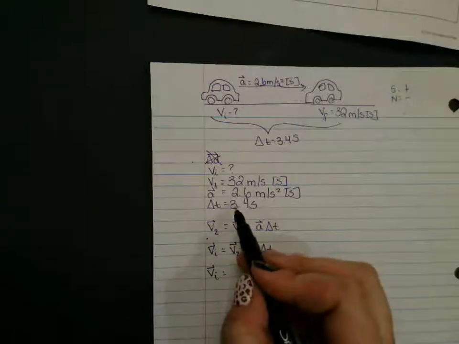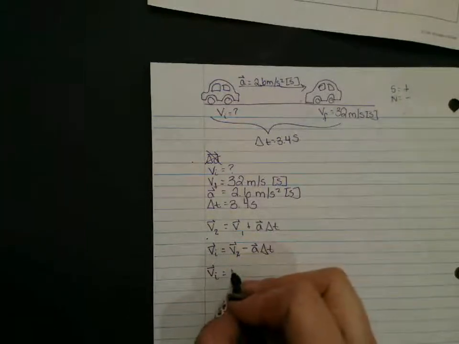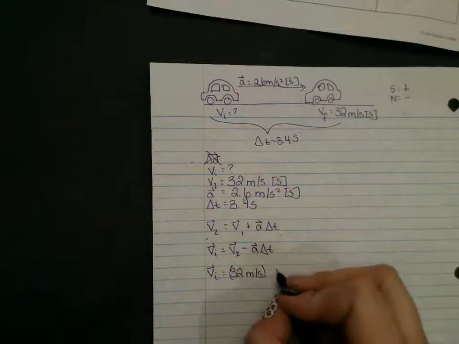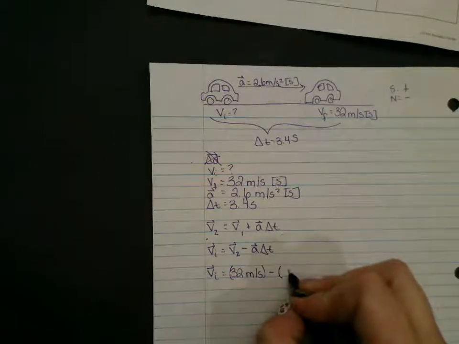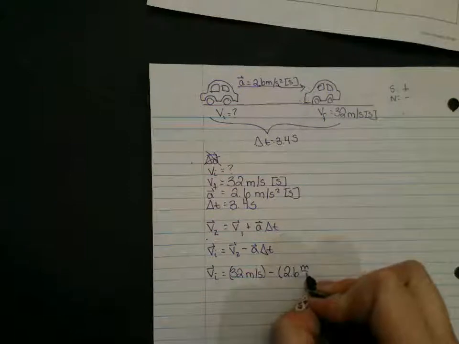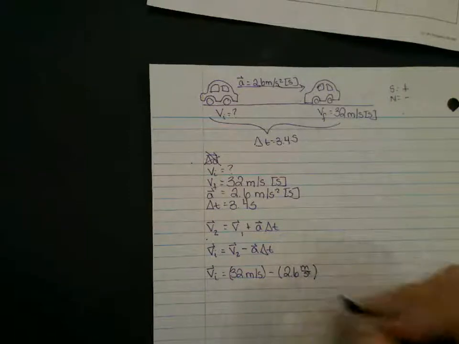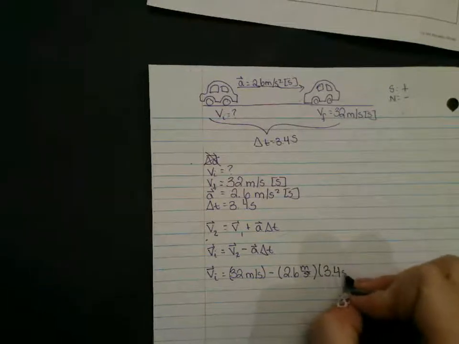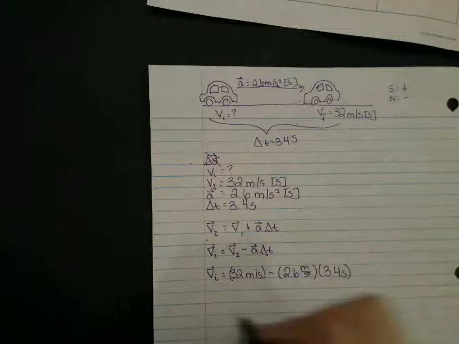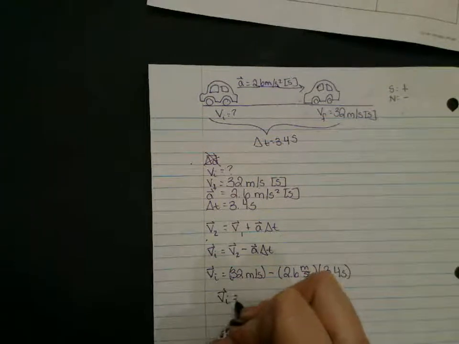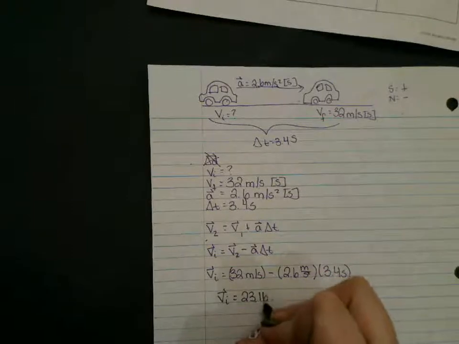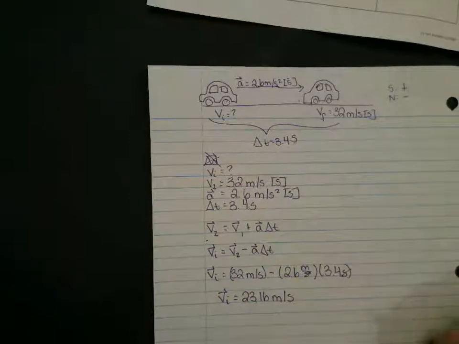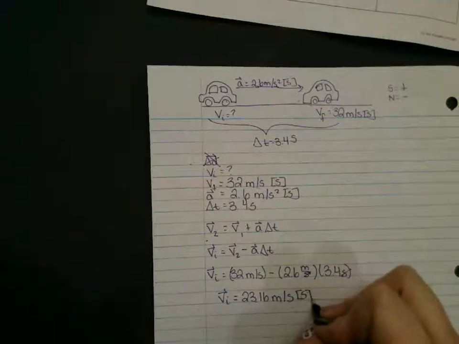My final velocity is 32 meters per second, minus my acceleration, 2.6 meters per second squared, times my change in time, 3.4 seconds. So my initial velocity is equal to 23.16 meters per second. It's positive, so we know that direction is south.